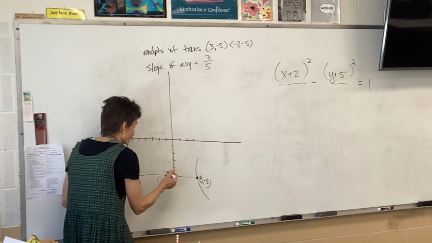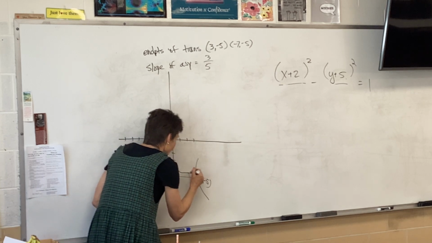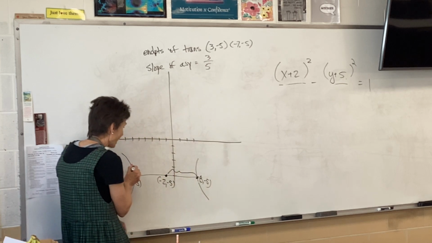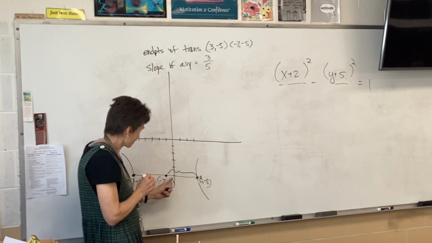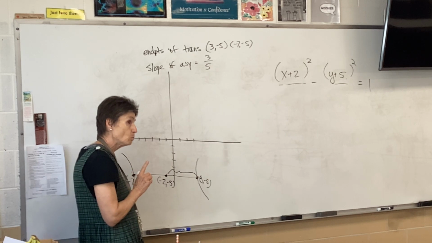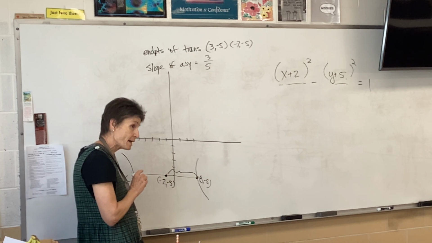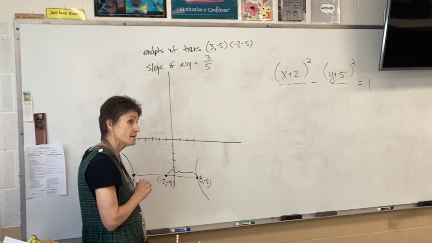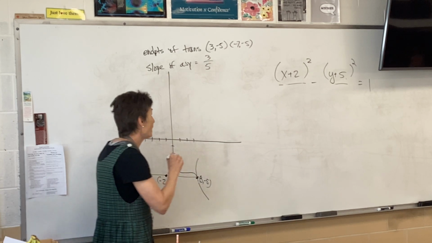Now I also know that from my center, I'm counting left and right, how much? 5, which means under x, since I'm going sideways, is 25.